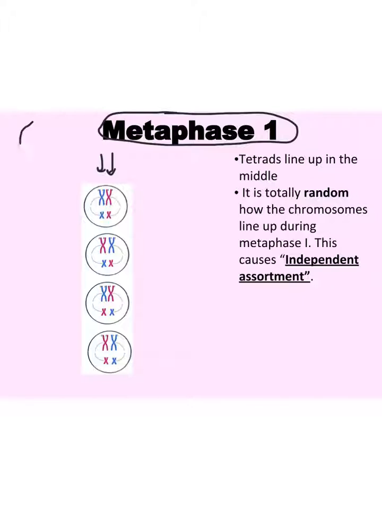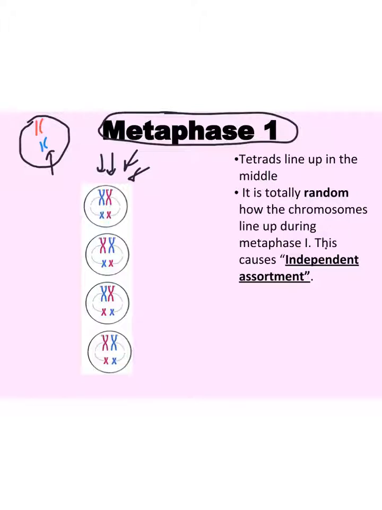If this was Metaphase II, it would look something like this, where we'd have maybe 1 X mom chromosome, 1 X dad chromosome, and that's it. So you can see the difference: 2 lines of X's here, only a single line of X's here. Single file line of X's versus double file line of X's.